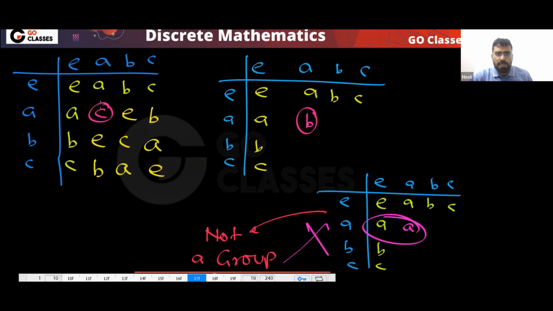So if I put C here, there is no other choice. Only this will be created. Only here I have a choice.